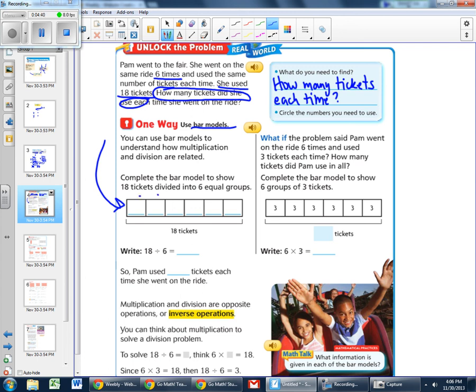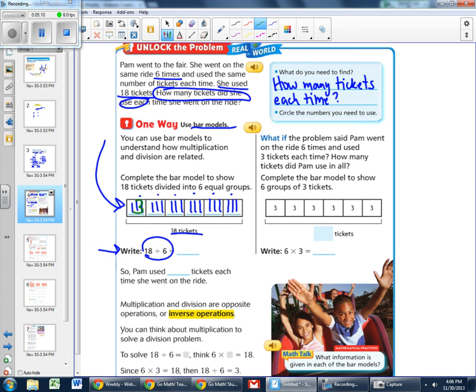So here's 1, 2, 3, 4, 5, 6 groups. We have 18 tickets total. So we're just going to start 1, 2, 3, 4, 5, 6, 7, 8, 9, 10, 11, 12, 13, 14, 15, 16, 17, 18. Okay? So you write the division problem of 18 divided by 6 this way, and then count how much is in each one.